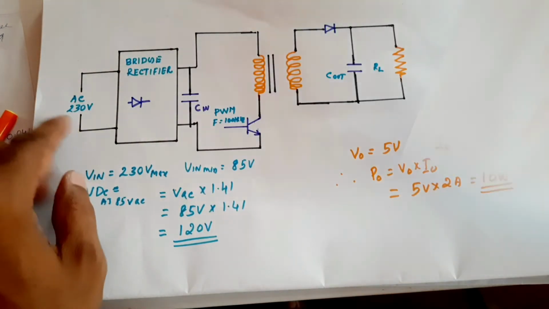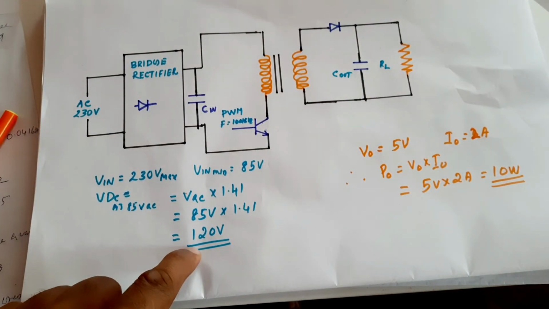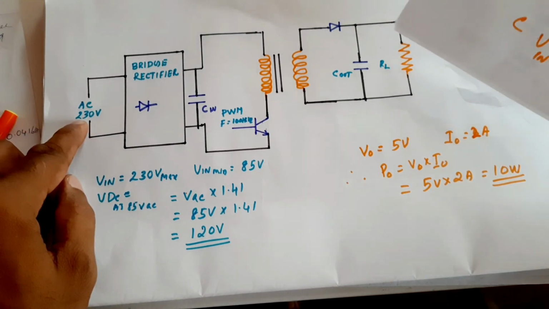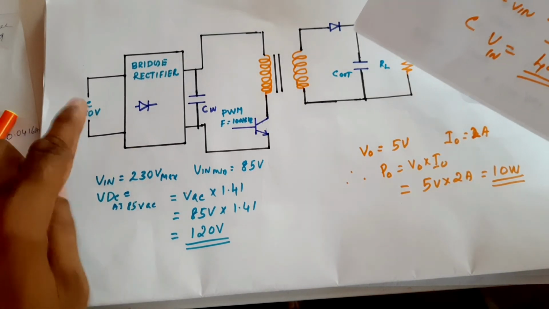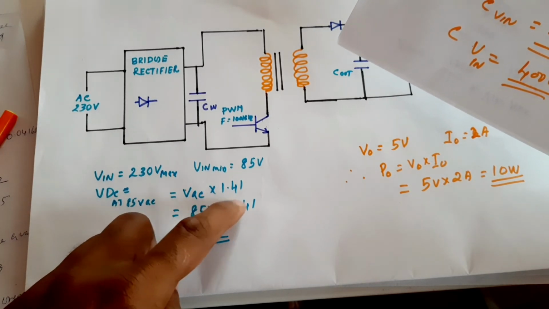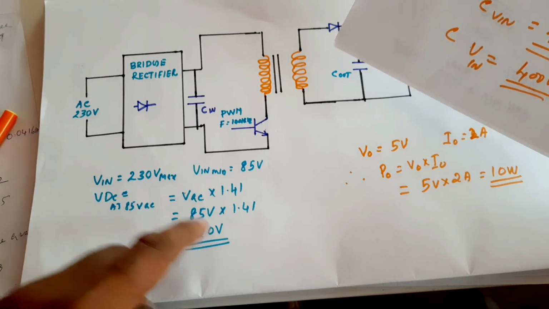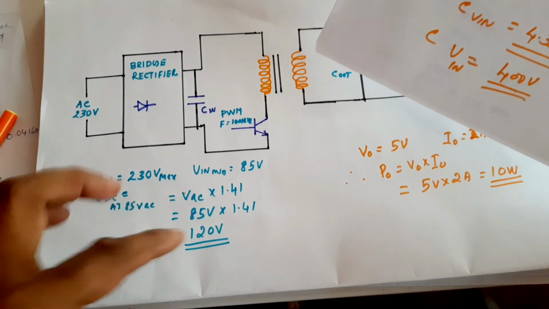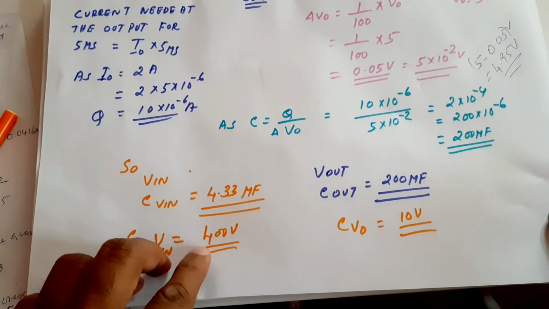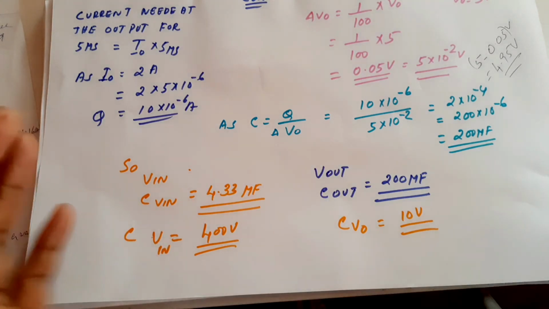As we know, when the input voltage is increasing, the capacitor has to store more energy. If it increases to say 265 volt, then 265 into 1.41 gives around 375 volt. So we will select the capacitor voltage rating as 400 volt.